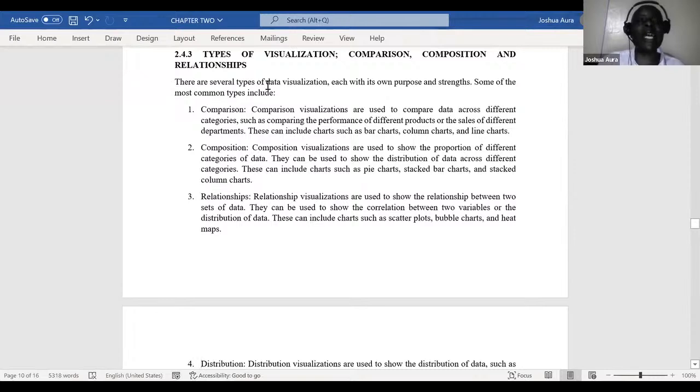There are several types of data visualization, each with its own purpose and strengths. Some of the common types include comparison visualizations, which are used to compare data across different categories, such as comparing the performance of different products or the sales of different departments.